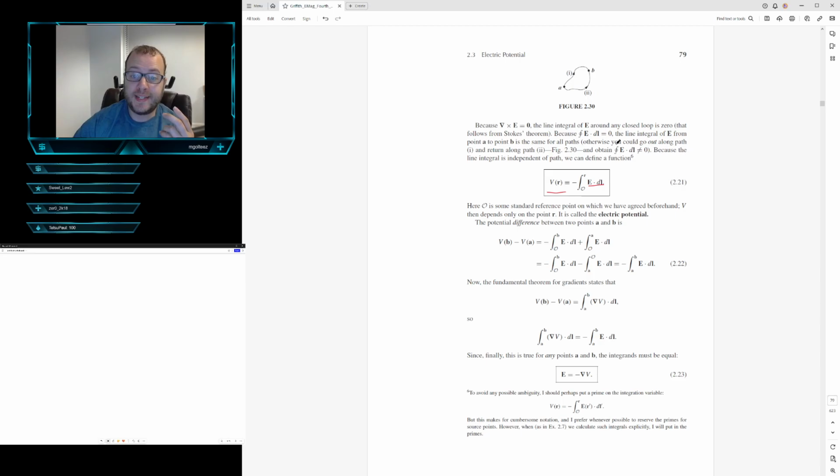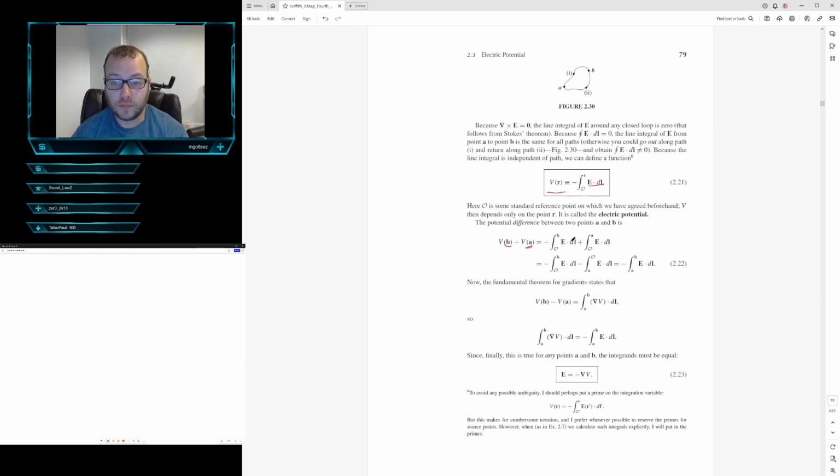So the difference between these two potentials is equal to the difference between the potential at B, this equation 2.21, for B, minus that for A, so we have a double negative, which turns into a positive.